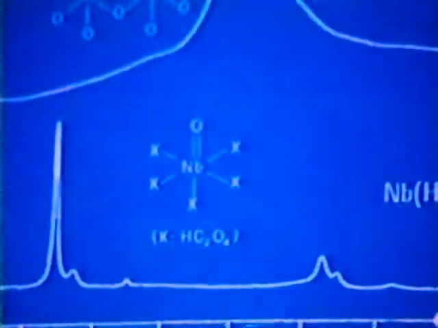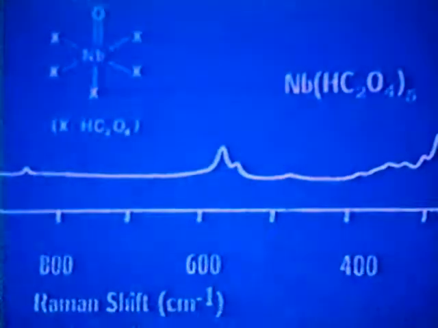The region between 400 and 800 is characteristic of niobium-oxygen single bond and niobium-oxygen-niobium linkage symmetric stretch. There is an associated bending mode in the low wave number region.